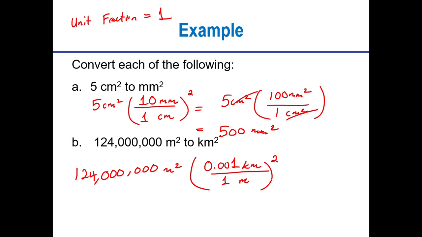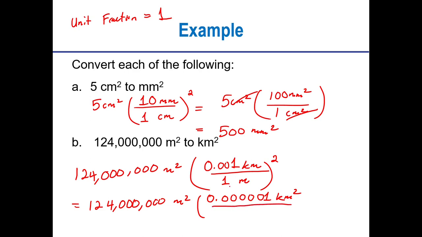So we can square the top and the bottom, and this gives us 124 million square meters times, we're going to simplify right here, 0.001 squared is equivalent to 0.00000. There should be a total of 5 zeros here and a 1 kilometer squared on the top.